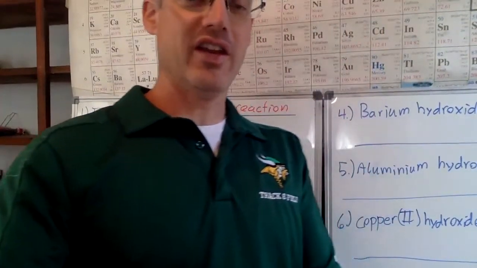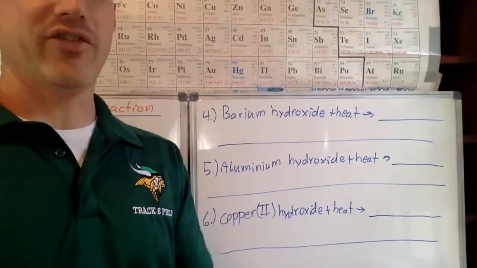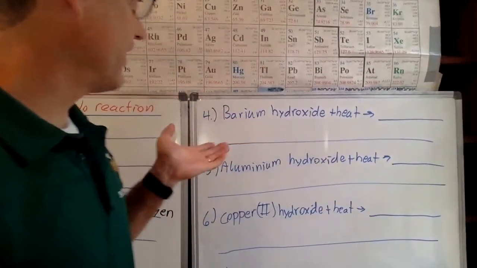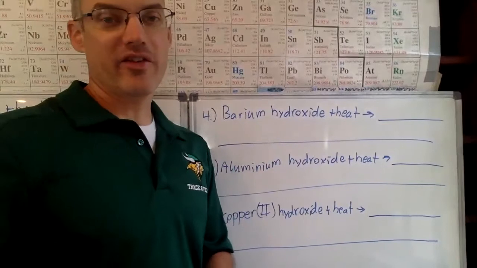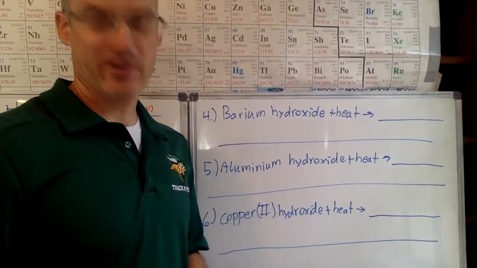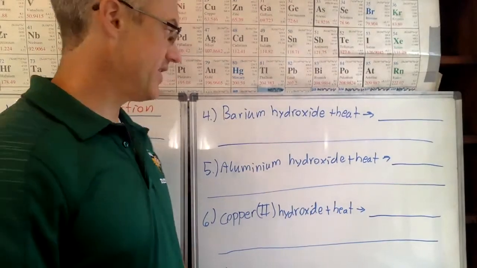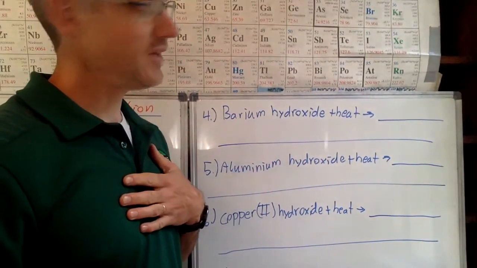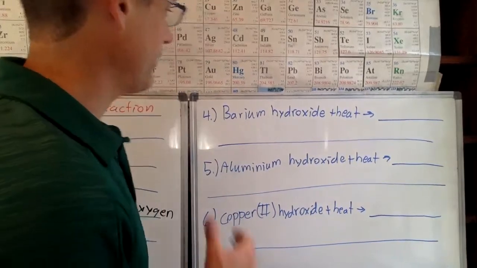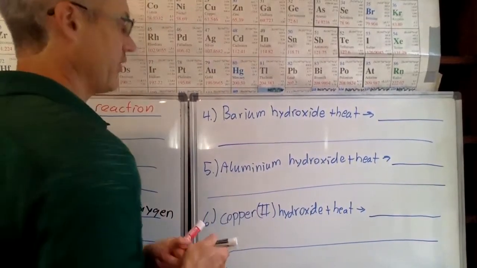All right, let's look at the next group of reactions. So these are metallic hydroxides. Metallic hydroxides are known to actually react almost spontaneously, but definitely when you have heat involved, they do like to decompose. So let's set up the beginning of all these just by looking at the word equation.